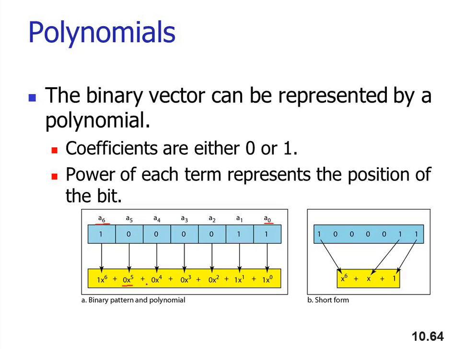Now 0 terms or 0 elements are of no use for me. So the simple data which is represented in the format of 1 0 0 0 0 1 1 can be represented polynomially by x raised to 6 plus x.